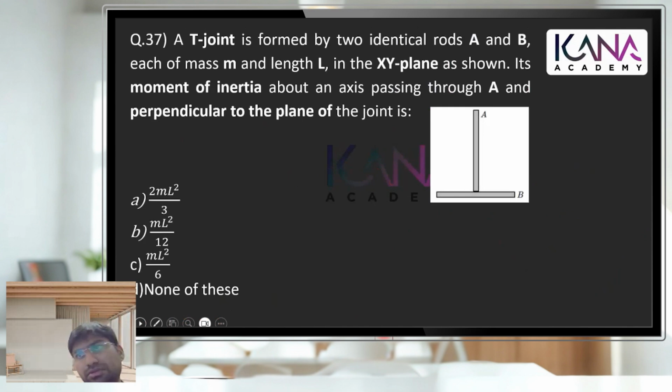Okay, question 37. There is a T joint of two identical rods. Find the moment of inertia about an axis through A perpendicular to the plane. How to go about this?